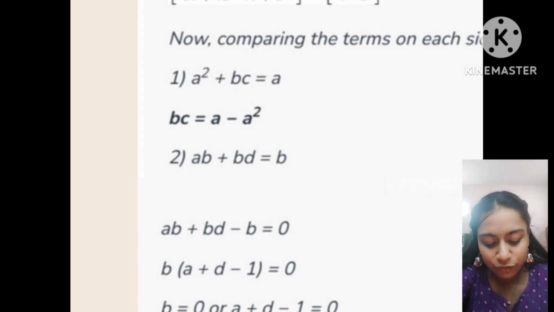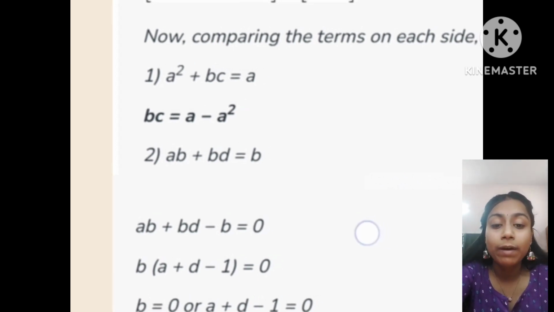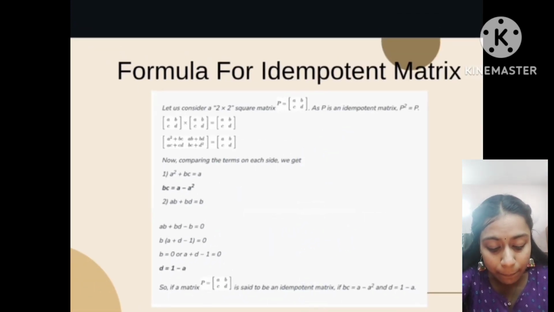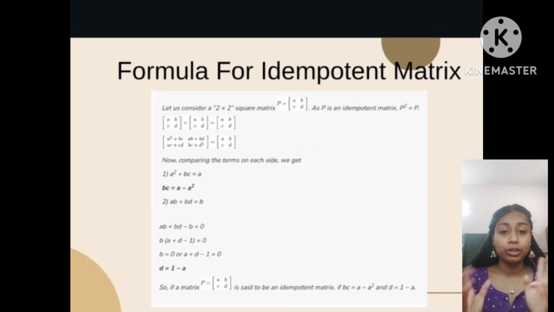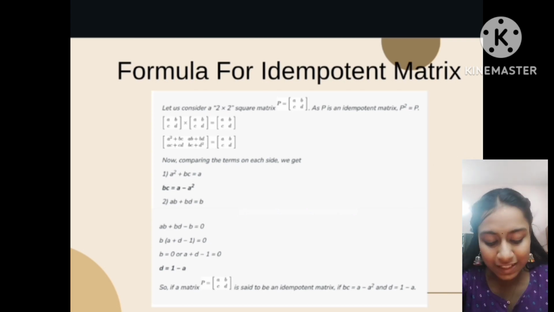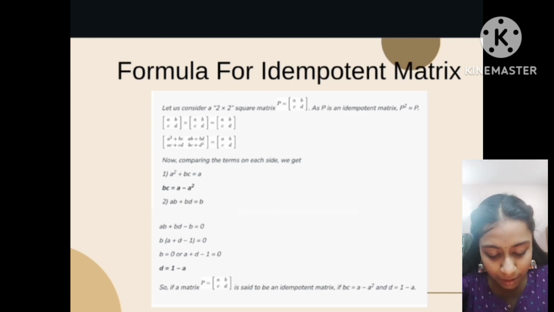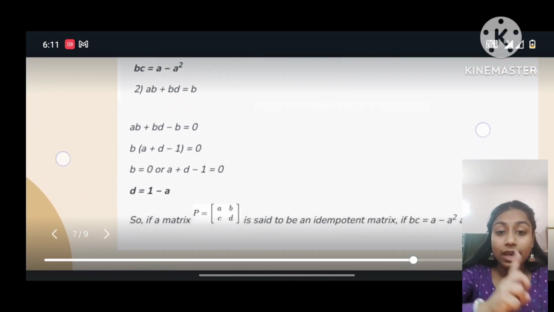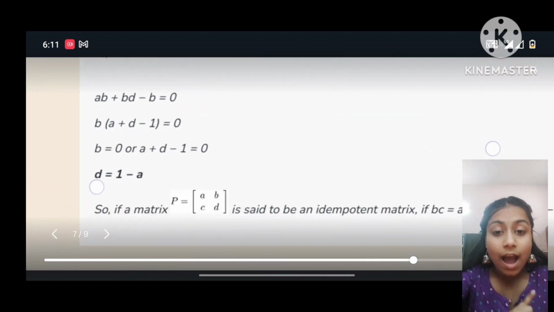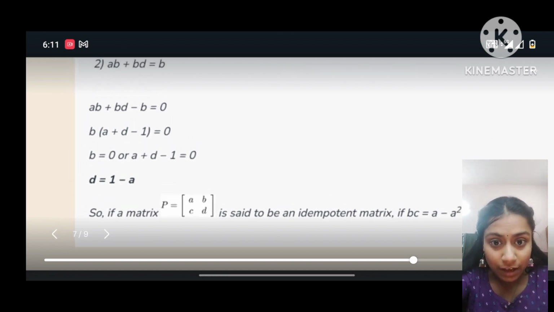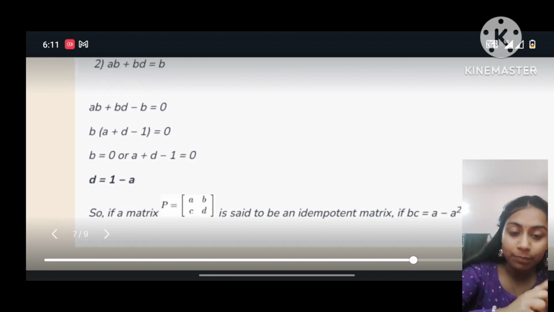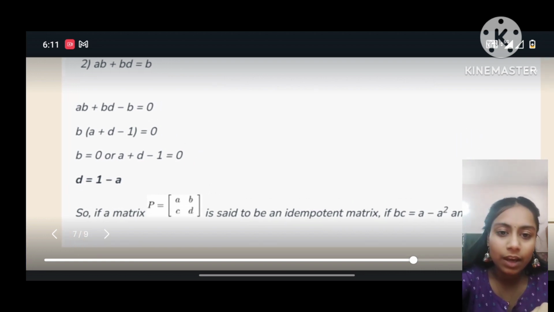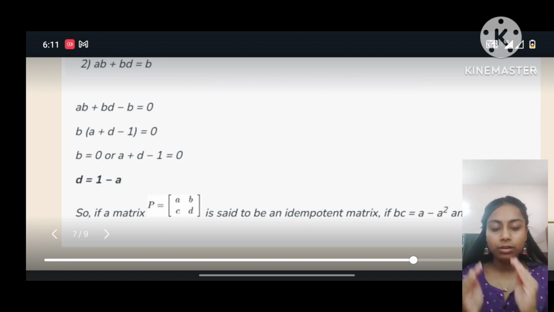If there is a matrix of order 2 by 2, we can find its idempotent matrix by using these two equations: BC equals A minus A square and D equals 1 minus A. Here B will be A12, A will be A11, D will be A22 and C will be A21, and we'll put in the numbers.